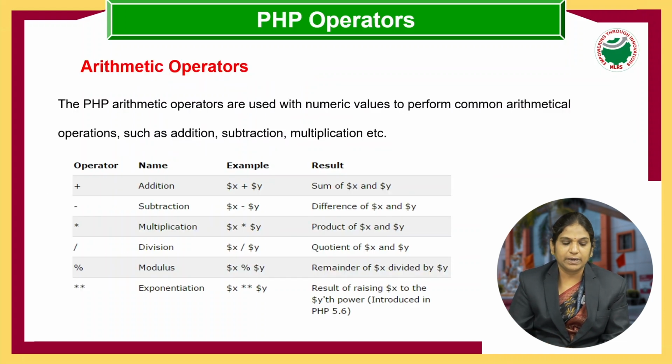Arithmetic operators are used with numeric values to perform common arithmetical operations such as addition, multiplication, division, modulus, exponentiation, etc. We all know that addition gives the sum, subtraction gives the difference, multiplication gives the product, division gives the quotient, modulus gives the remainder, and exponentiation gives the power, raising x to the y.